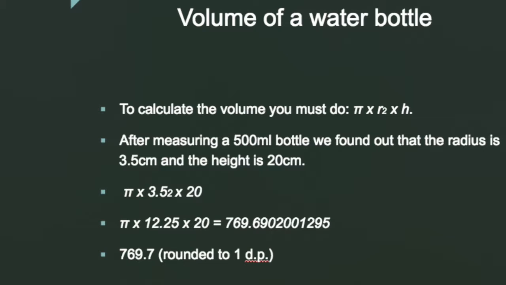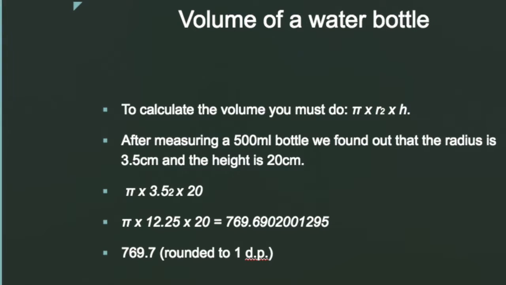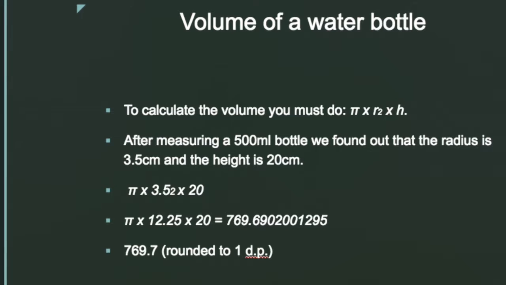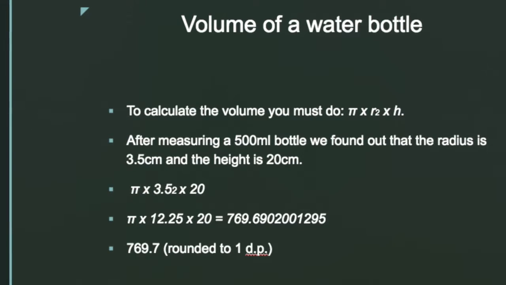To calculate the volume of the water bottle, we have to do pi times the radius squared times height. After measuring my own 500 milliliter bottle, we found out that the radius is 3.5 centimeters and the height is 20 centimeters.